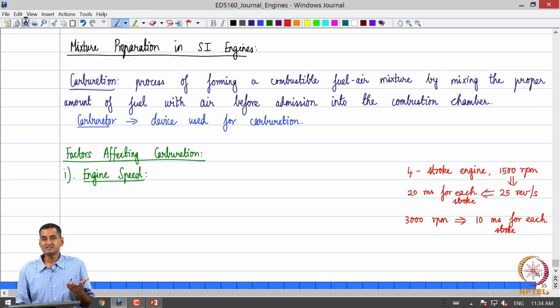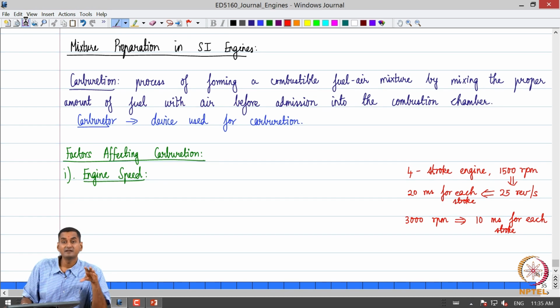If I increase the engine speed, the time available for the carburation process decreases. So, the time available for introducing the fuel air mixture decreases. Any system that does this operation should factor this in. So, this is an important factor to consider.